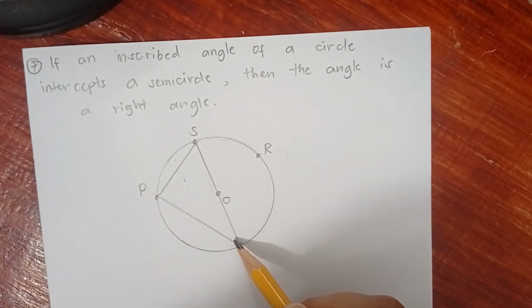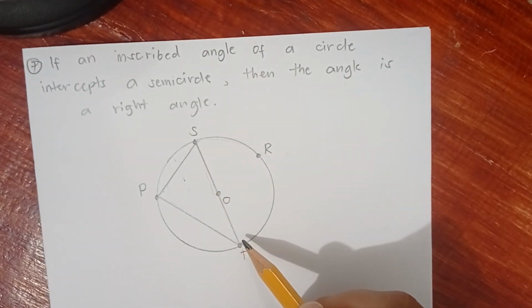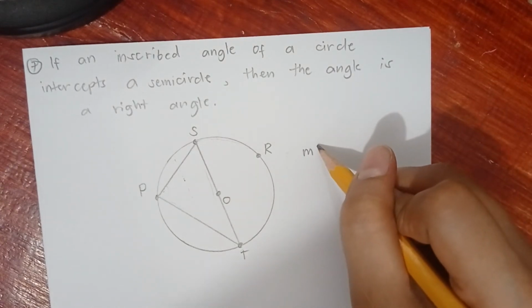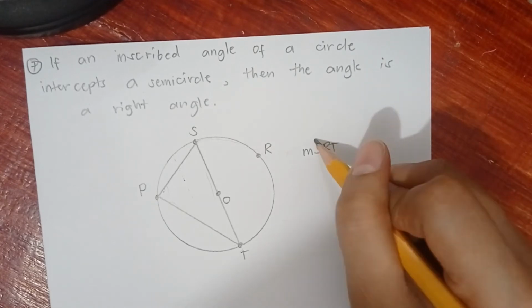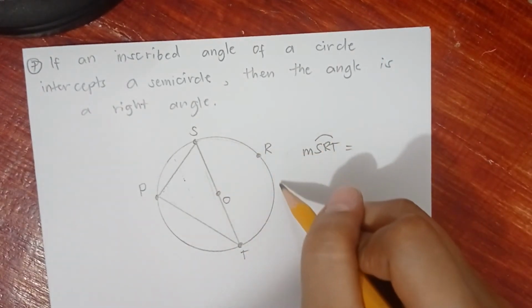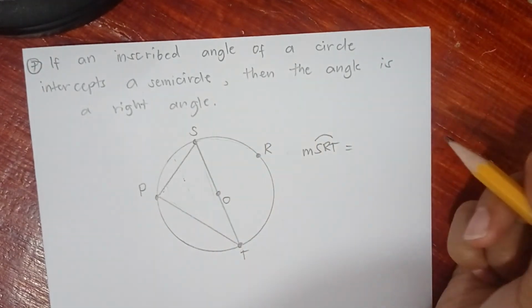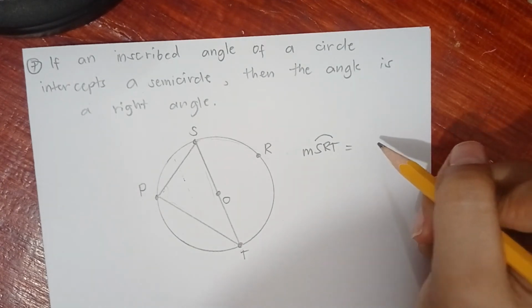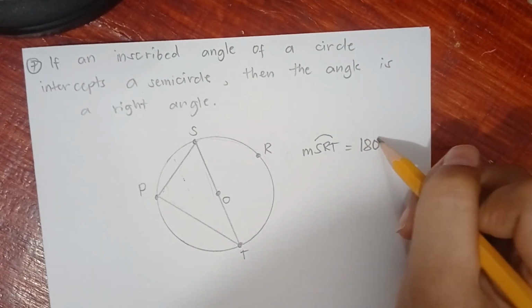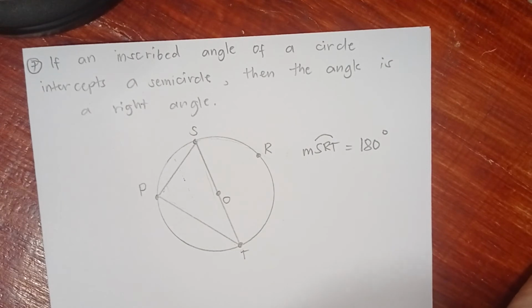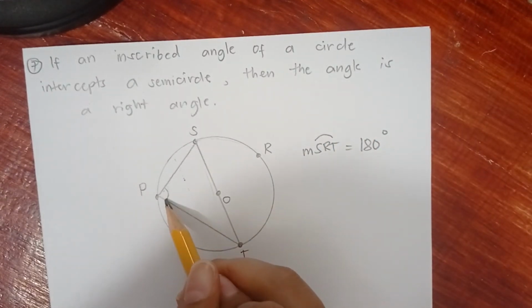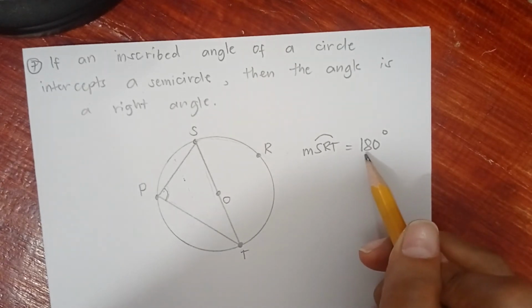So, kapag semicircle, ano ang degree ng semicircle natin? Ano ang measure ng arc SRT? Diba? SRT, ito. Semicircle. So, anong measure ng semicircle? That's correct. 180 degrees. Diba sabi natin sa inscribed angle, makukuha mo yung measure ng angle na to by dividing the measure of the intercepted arc by 2.